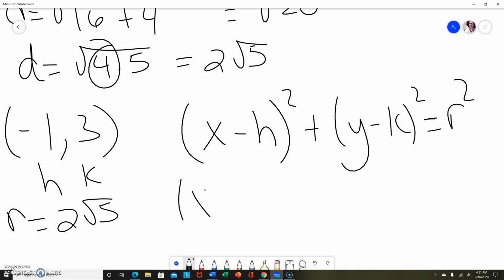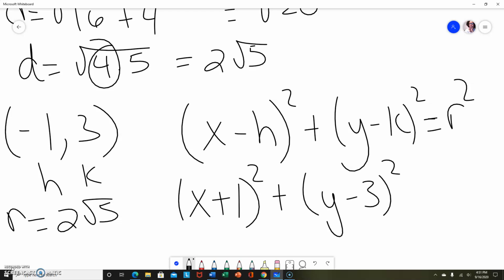So we have x minus a -1, so that turns into plus 1, squared, and then (y - 3) squared equals, we already know the answer to this, but we'll put it anyway, 2√5, and we need to square that.